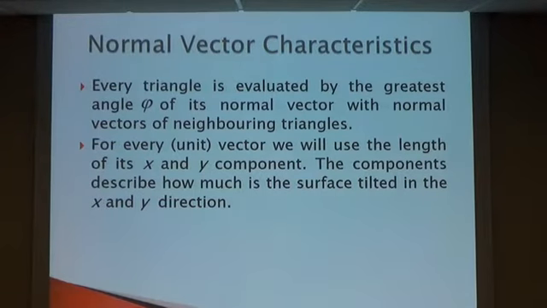Then every normal vector was characterized by 5 values. Maybe the best value for identifying the fracture surface is the greatest angle phi of the normal vectors of neighboring triangles. So I have a normal vector, and I find the deviations of the neighboring normal vectors, and I choose the value where the angular deviation is the highest.